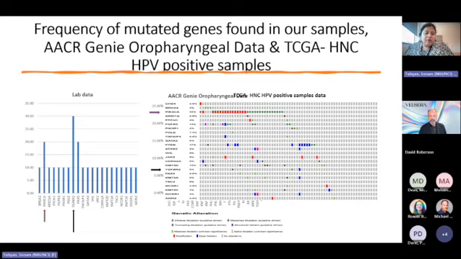When we compared our lab data with the TCGA head and neck positive samples, we found that PIK3CA is highly mutated, but TGFBR2 is not. PIK3CA and TGFBR2 are both highly mutated in our samples, and we also see PAX5 highly mutated in our samples.